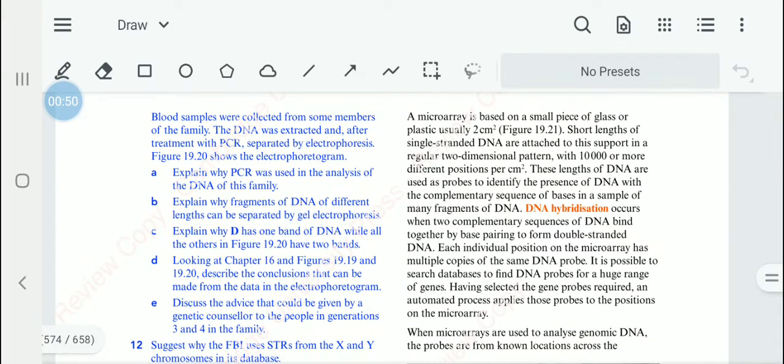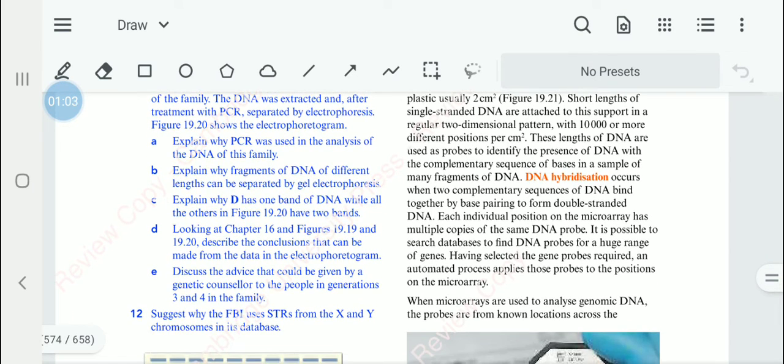So obviously, you can understand that a microarray would have to contain single strands of DNA. Then these single strands of DNA would join together with complementary sequences of DNA and go through base pairing to form double-stranded DNA.